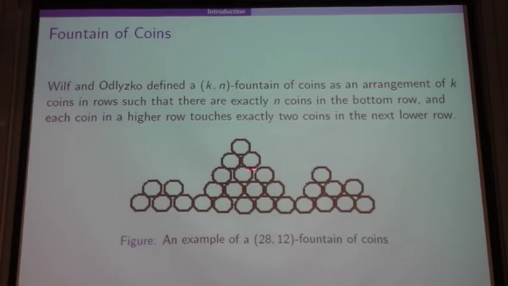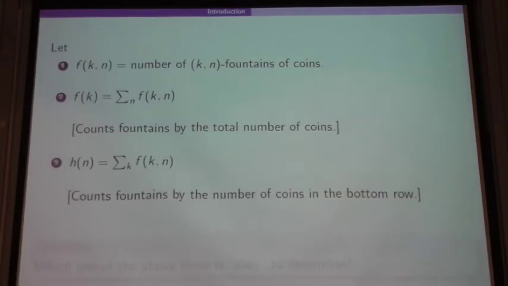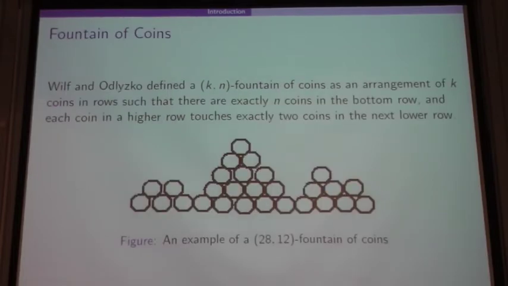My drawing here is not the best, but if you take this particular coin on the top, it's expected to touch exactly 2 coins in the bottom row. So this is just an example of a fountain of coins in which you have 28 coins altogether and exactly 12 coins in the bottom row.